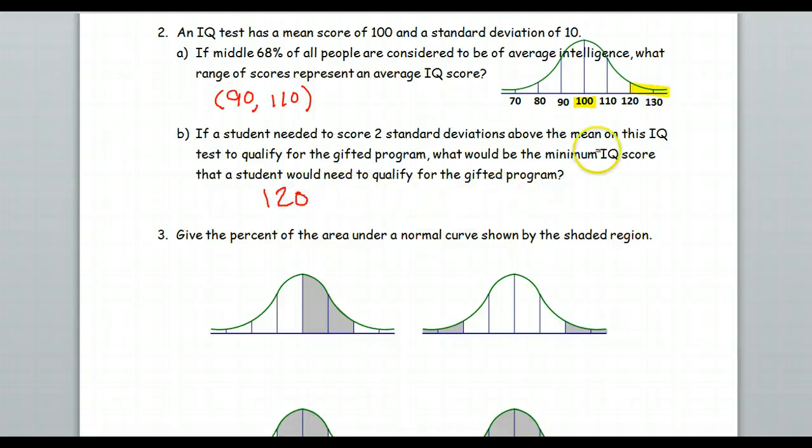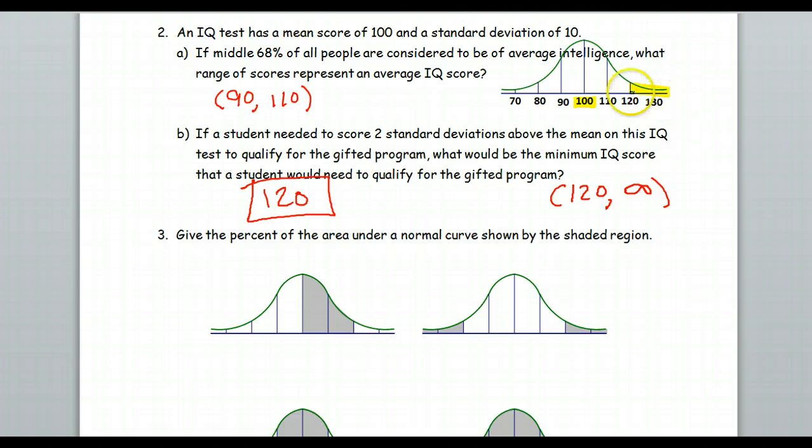Notice if they had asked for the interval that would represent the gifted students, then as an interval, I would have written 120 to infinity. But they just asked for the minimum value, so that would be 120. Notice the infinity thing though.